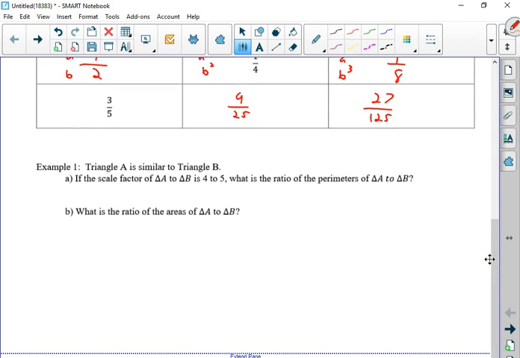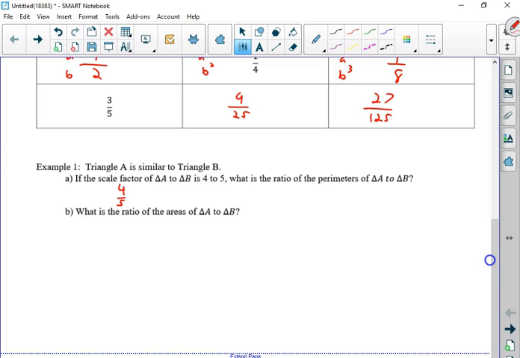So if triangle A is similar to triangle B, and the scale factor is 4 to 5, what is the ratio of the perimeters of A to B? Well, it's going to be the same thing.